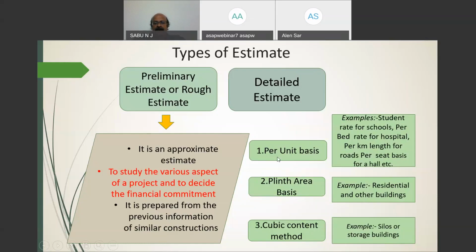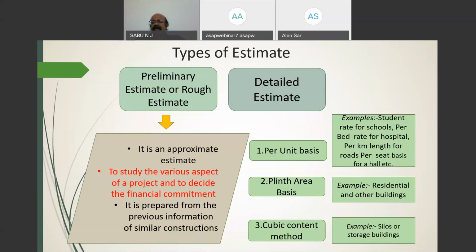One type of preliminary estimate can be worked out on a per unit basis. What is its meaning? In the case of a project proposal for a school, a high school or LP school or UP school, normally the government has insisted on some requirements for its construction, and these requirements are the same.